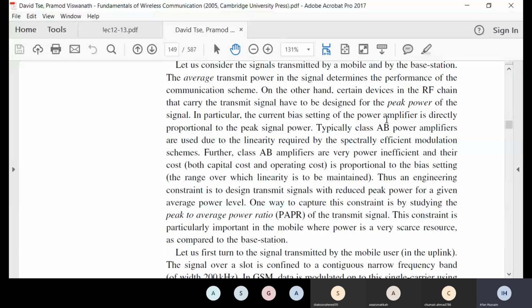From the power amplifier, it depends on the peak power. So they are insufficient, but they depend on the peak power values.